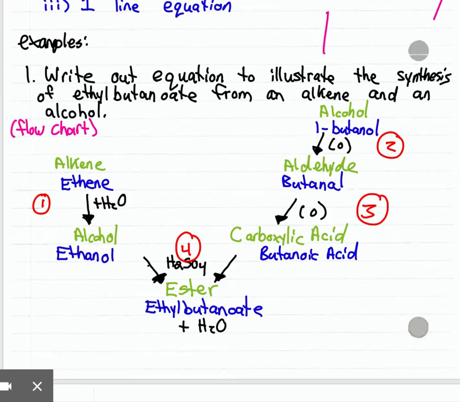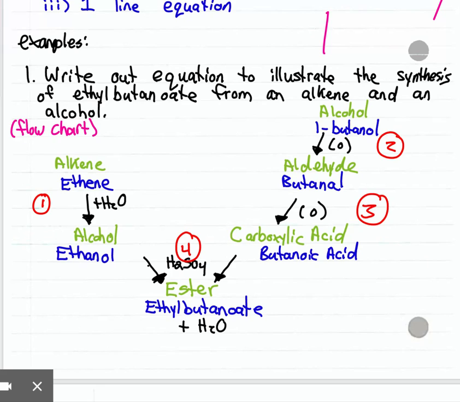Now you have to go over here to the carboxylic acid, and you have to show the steps on how you're going to get from an alcohol to a carboxylic acid. You know from our lessons that a carboxylic acid is formed from an aldehyde. So this is pretty easy, because to get butanoic acid, it has to be oxidation of butanal.